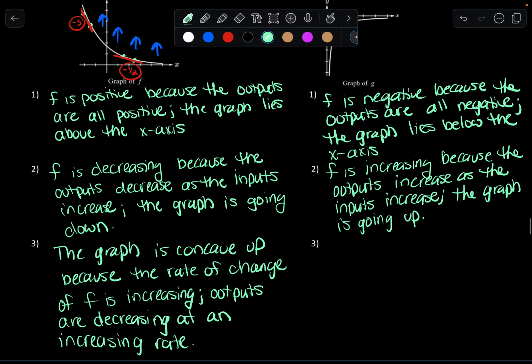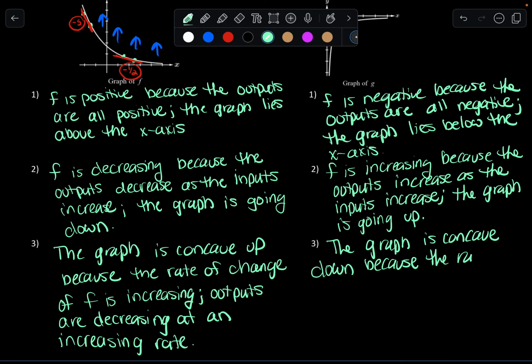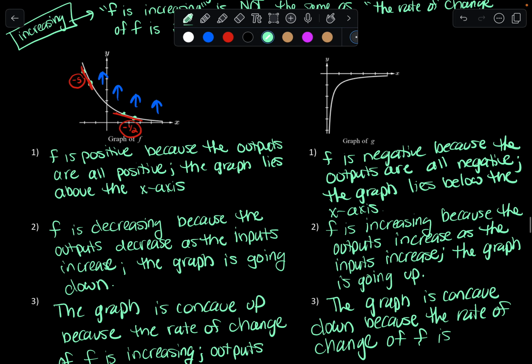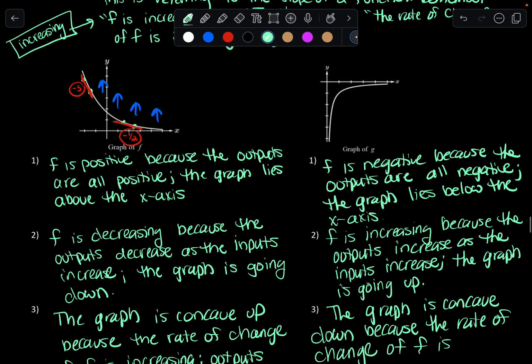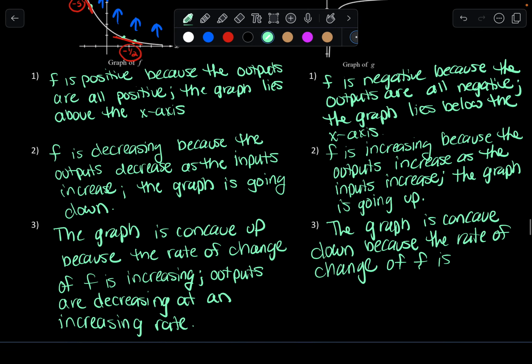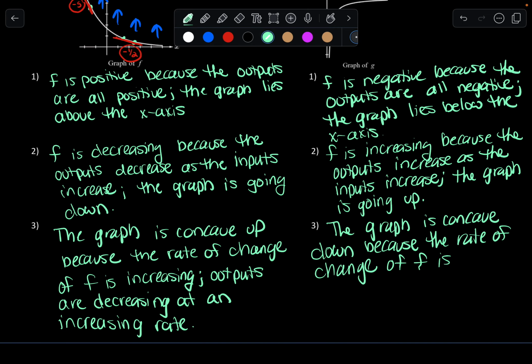And lastly, we want to talk about concavity. The graph is concave down because the rate of change of g is, if we look at the outputs, they are increasing. So the rate of change is positive.